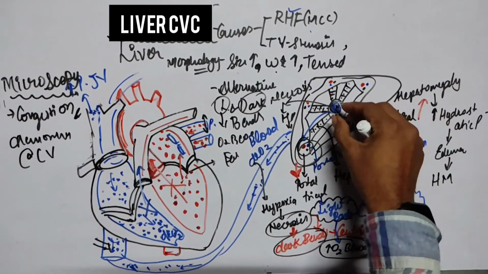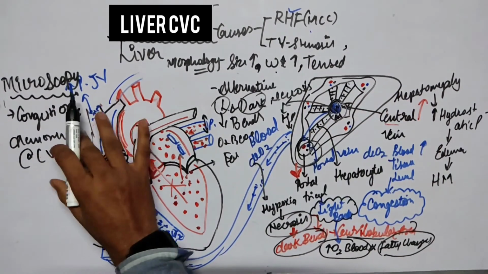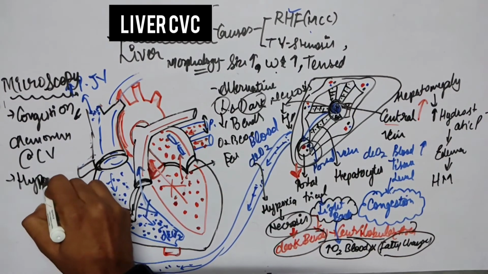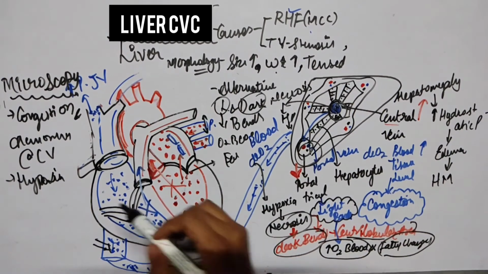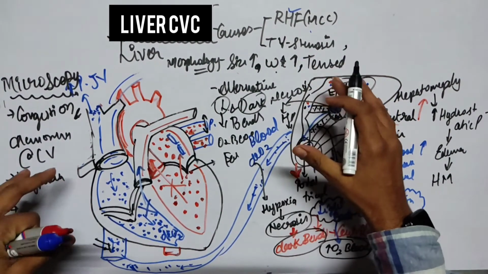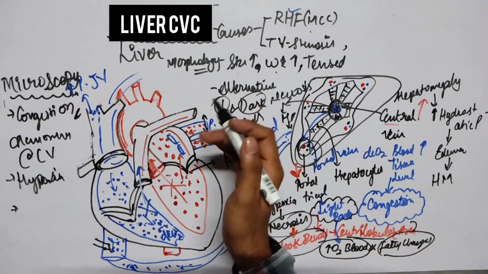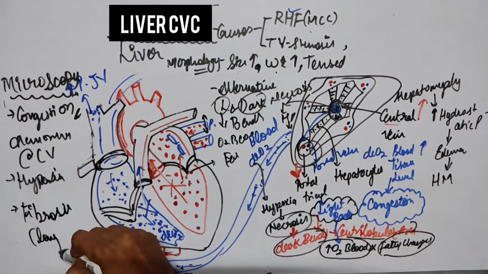The central vein will show congestion, and we will see hemorrhage inside the central vein, and hypoxia because of the deoxygenated blood at the central lobular area. And if the venous congestion occurs for a longer period of time, it will lead to fibrosis also. Fibrosis if it occurs for a longer duration.